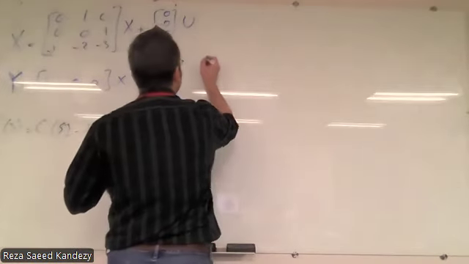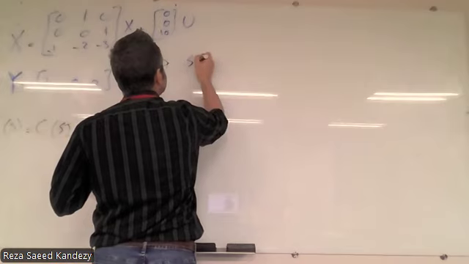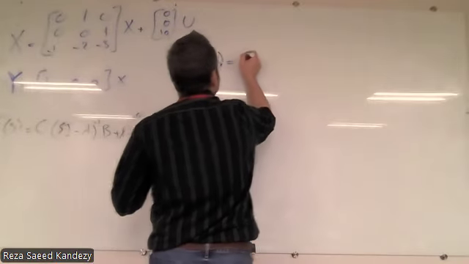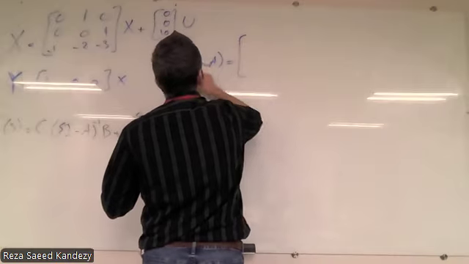So, sI minus A is basically going to be s times the identity matrix.